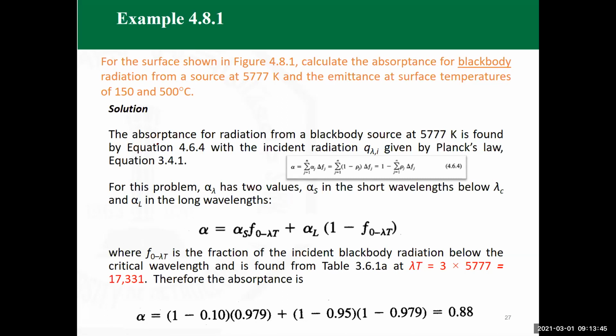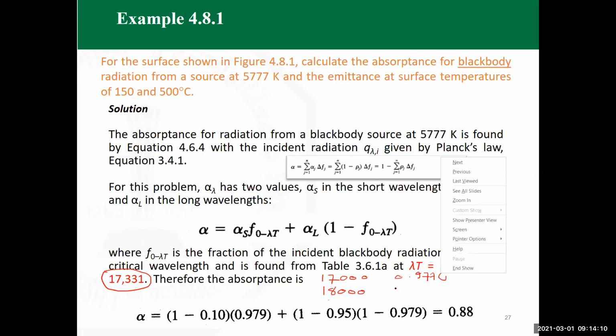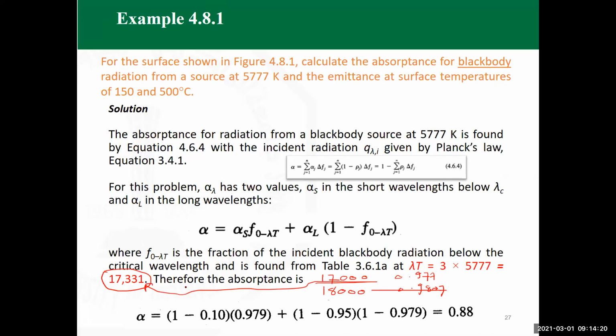So lambda t is calculated for us here to be 17,331. In the table we have for 17,000 and for 18,000 the corresponding fractions, 0.9776 and 0.9807. The value that we want is somewhere in between, at 17,331.